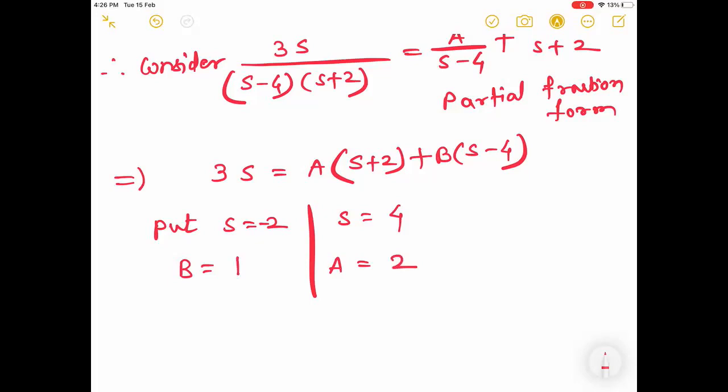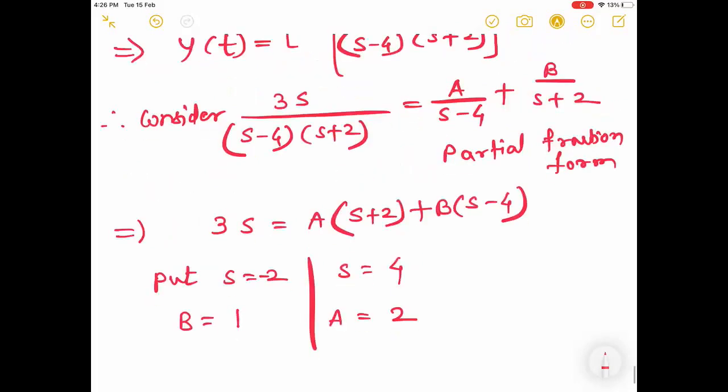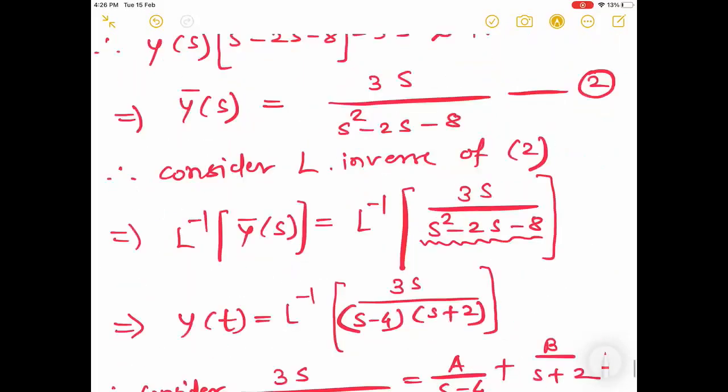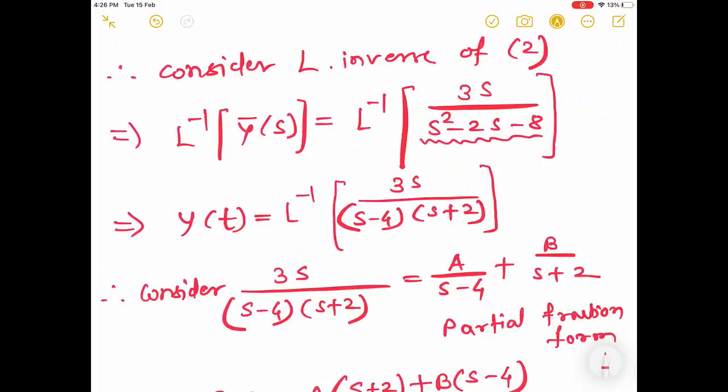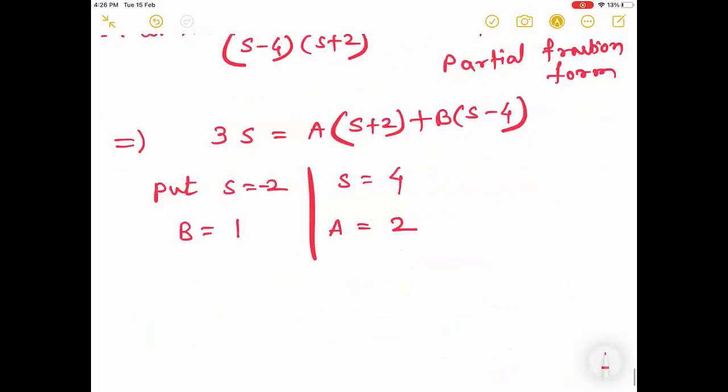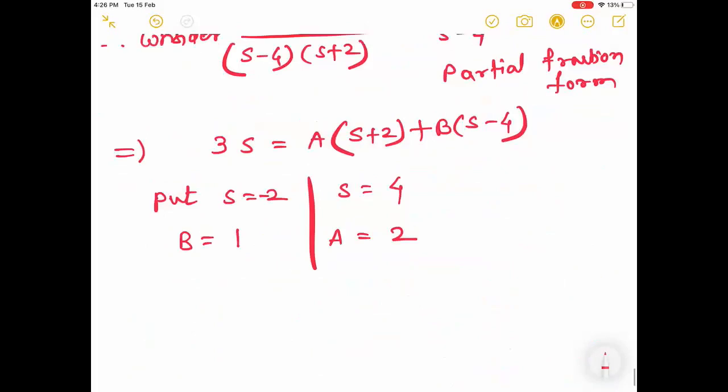Is it correct, all of you? Yes, sir. So put it there. And therefore, your partial fraction form, I can call this as 2. Ma'am, please check the B. B answer is not correct, it should be minus 1 by 2, I think.